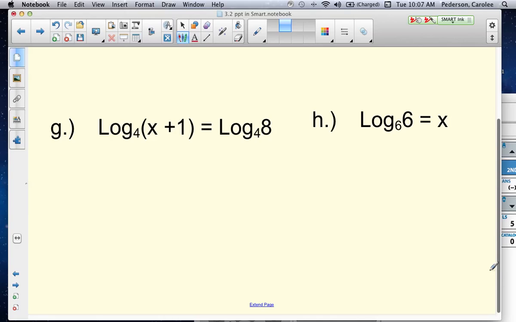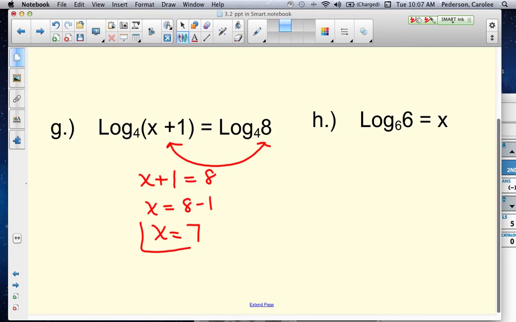I have a logarithm of base 4 on each side, so I set these two equal to each other. Am I done? No, now I have to solve it for x. So I subtract 1, and I get x to be 7. Substitute 7 back in: 7 plus 1 is 8. Logarithm base 4 of 8 equals logarithm base 4 of 8.